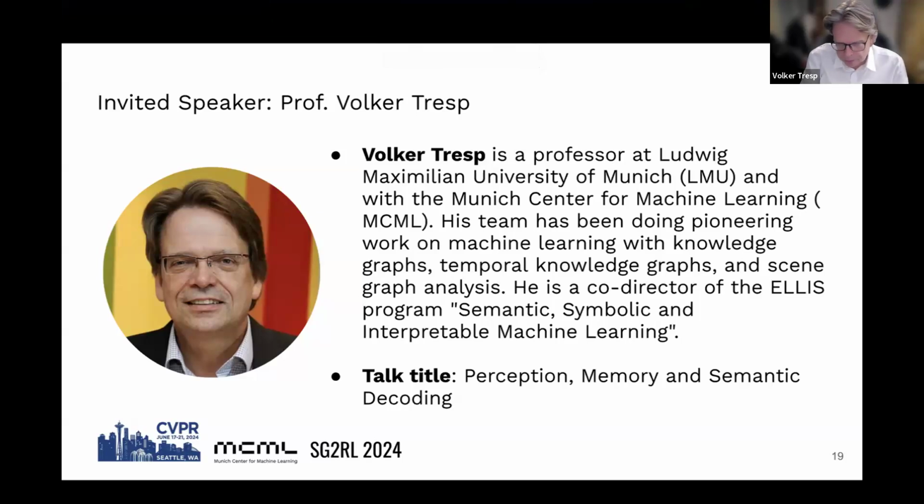Our next speaker is Professor Volker Tresp. He is a professor at Ludwig Maximilian University of Munich and also with the Munich Center for Machine Learning. His team has been pioneering in machine learning with knowledge graphs, temporal knowledge graphs, and scene graph analysis. He is also a co-director of the ELIS program, Semantic, Symbolic, and Interpretable Machine Learning. We are glad to have him today to give a talk.